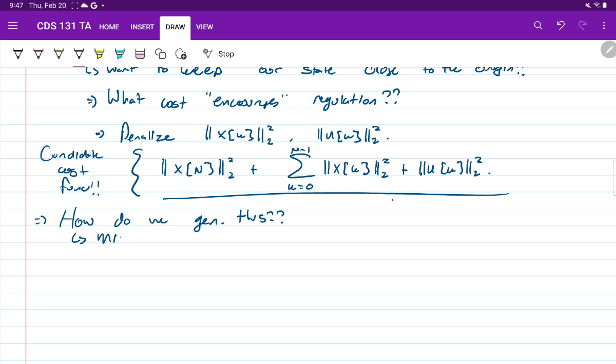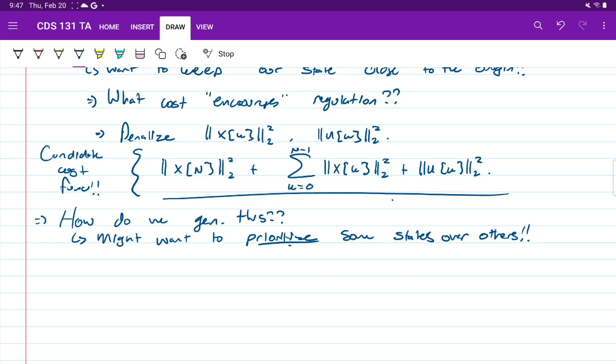Well, what we might want to do is prioritize some states over others. Let's say my vector is in Rn. Maybe let's say I really care about what my component x1 is doing. I really want to make sure that x1 is close to the origin. Maybe it's fine if some of the others go a little further away, right?